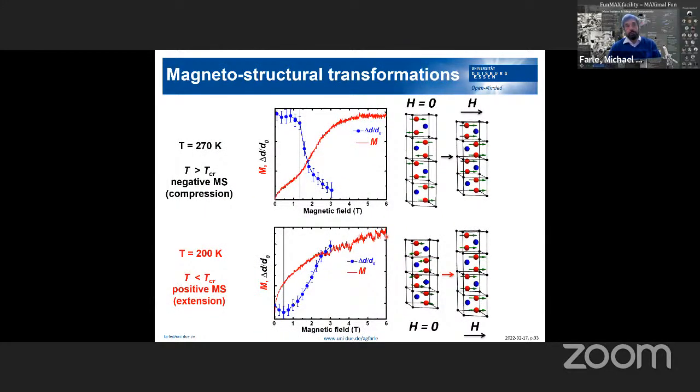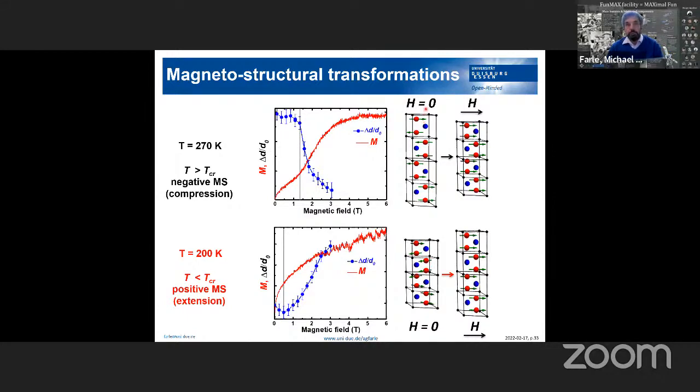Now, what is happening there? With neutron diffraction, we analyzed that in great detail, because the phenomenon is, in a way, very surprising. Here is plotted the lattice change, and here the magnetization, as a function of magnetic field. But let's concentrate on the direction of the arrows here.